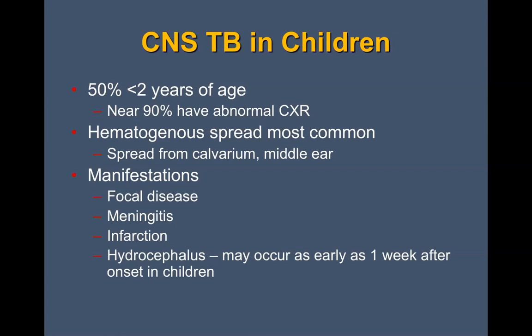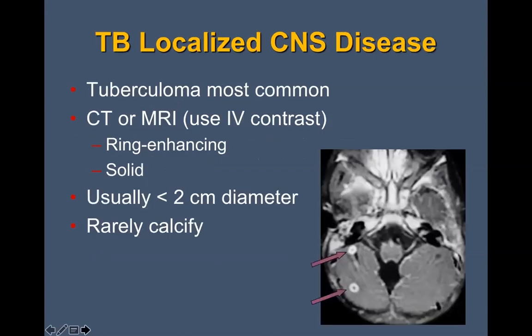It can involve the dural spaces, the meningeal spaces. It can clog up the vessels and give you infarcts, or it can clog up the CSF pathways and give you hydrocephalus. Hydrocephalus actually can occur rather quickly, particularly after meningeal infection. And so you should monitor carefully for that particular complication in children.